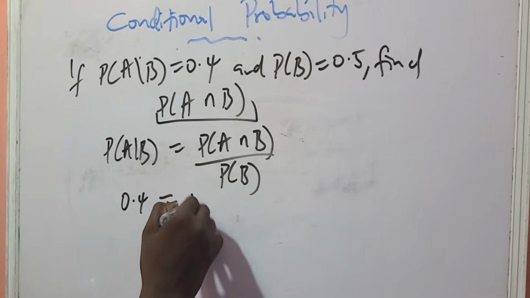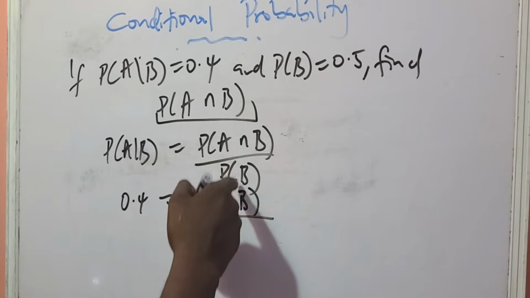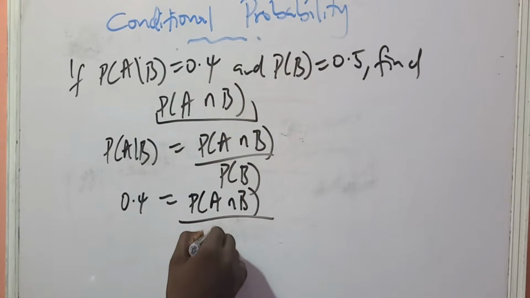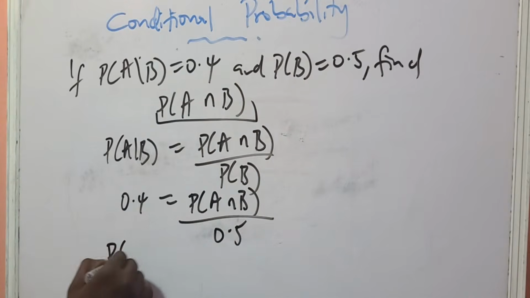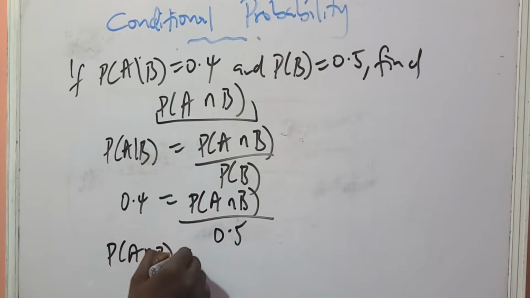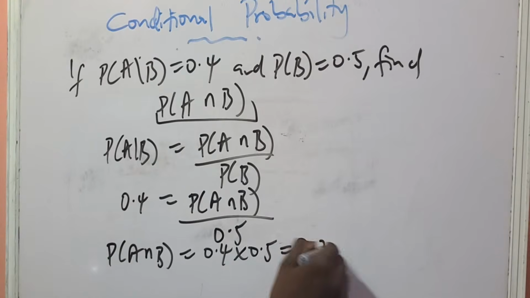Probability of B was given as 0.5. So obviously you cross multiply this, you'll be having probability of A intersection B equal to 0.4 multiplied by 0.5. And this will give you a total of 0.2. All right.